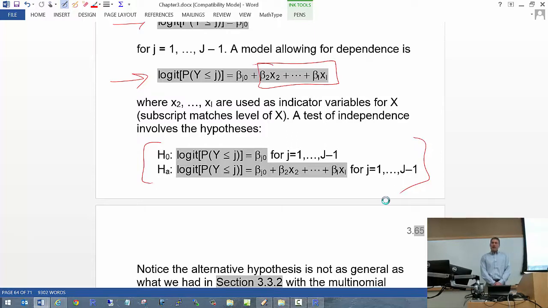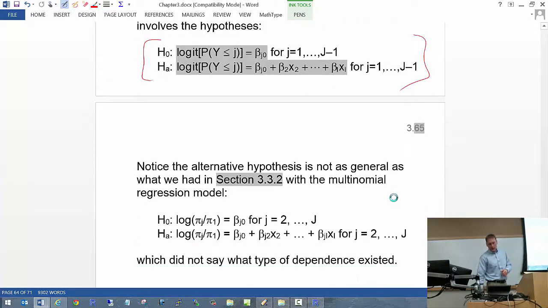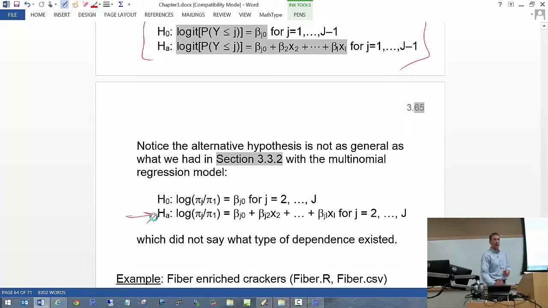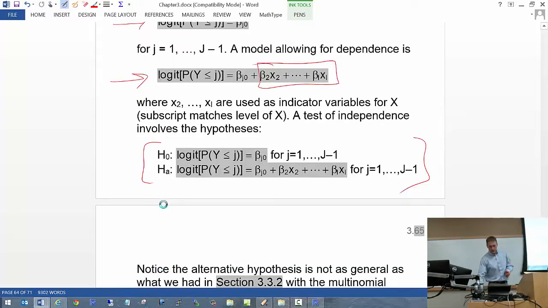It means that the way that x affects y is in this ordinal manner that you're specifying here. Note that that is different from what we had with a multinomial regression model, or even with a regular old Pearson chi-square test for independence, where we didn't specify what kind of dependence existed. Here we are specifying a particular kind of dependence, this ordinal dependence that we have.